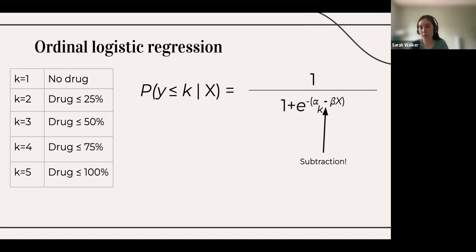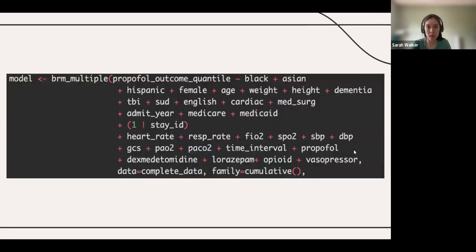And you might notice that we're actually subtracting the predictor values. The reason for that is that it makes interpreting the results a little bit more intuitive. So if some slope was positive, then that would indicate that that particular predictor value increases the likelihood of getting a higher outcome category, so getting more drug.